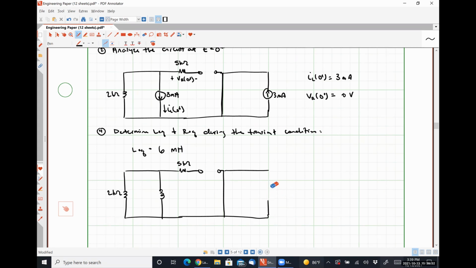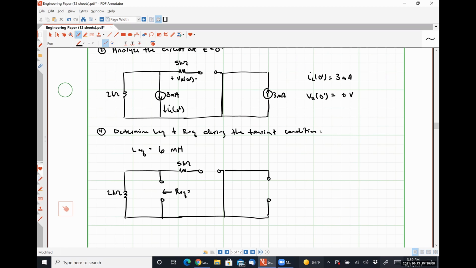I do that by open circuiting it. I look in through the open circuit terminals where the inductor used to be.